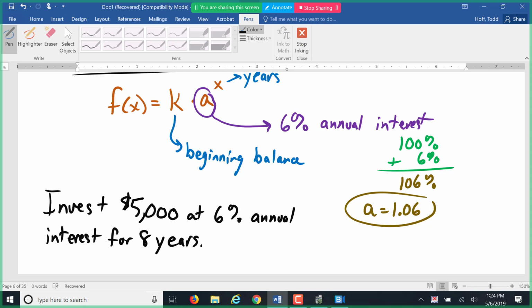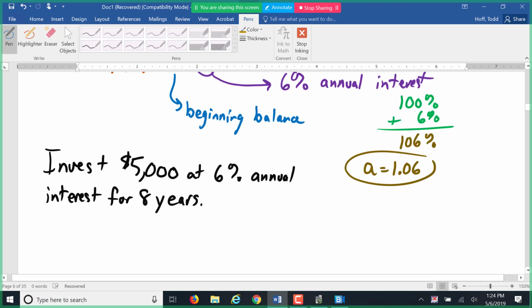Our ending balance, f of x, f of 8 in this case because it's 8 years, we're going to start out with that starting amount, that beginning balance of 5,000 times A is 1.06 to the power of 8.